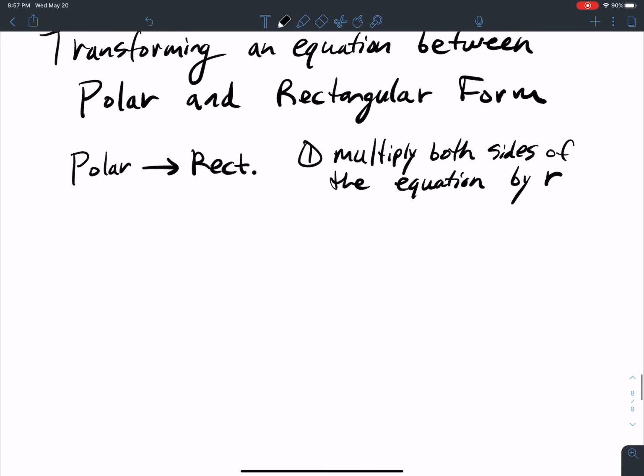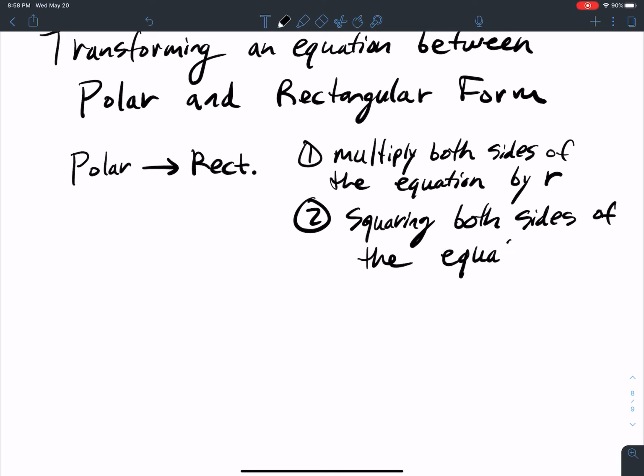That's one way. And then the next technique, squaring both sides of the equation. So these are both techniques to convert from polar to rectangular.